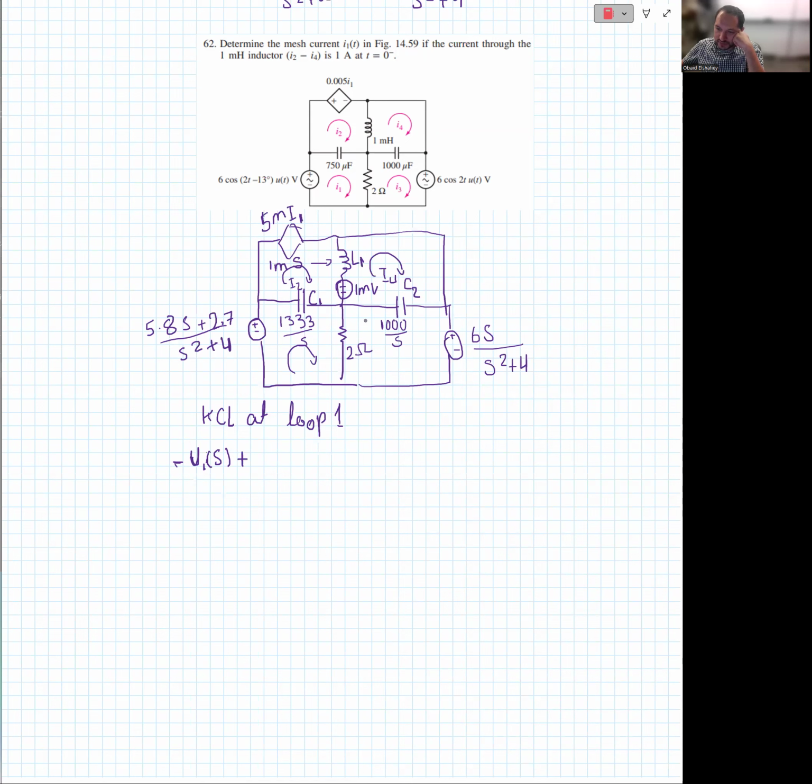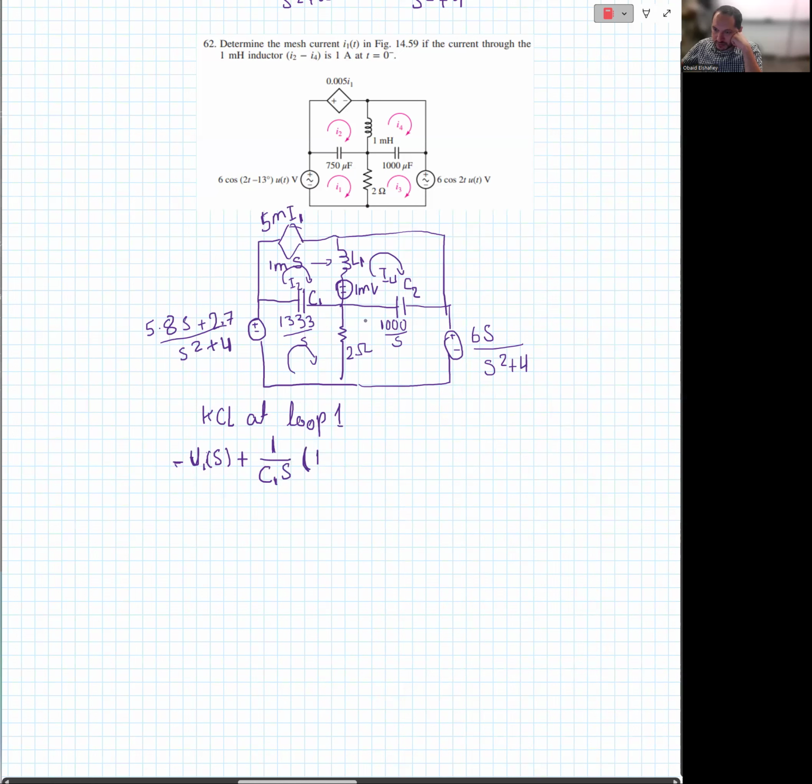So negative V1(s) plus 1 over C1S times (I1 minus I2) plus 2 times (I1 minus I3) equals 0.